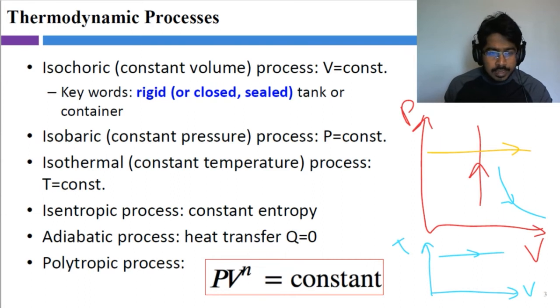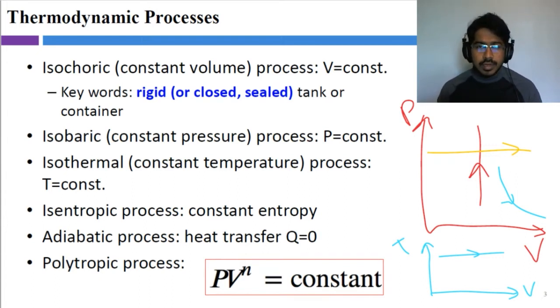Then we have adiabatic processes, where there is no heat transfer, right? When you say an insulated container or insulated system, an insulated tank, something like that, there's a high chance it could be an adiabatic process. If it is a closed container and well insulated, then heat cannot cross the boundary, which means it's an adiabatic process.